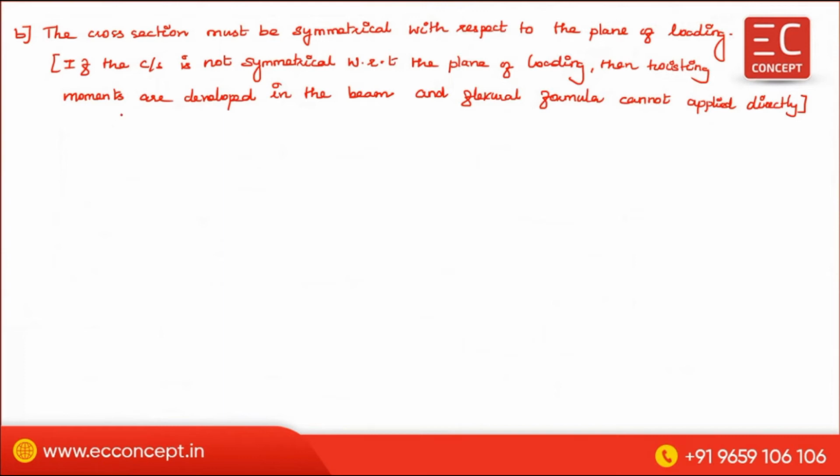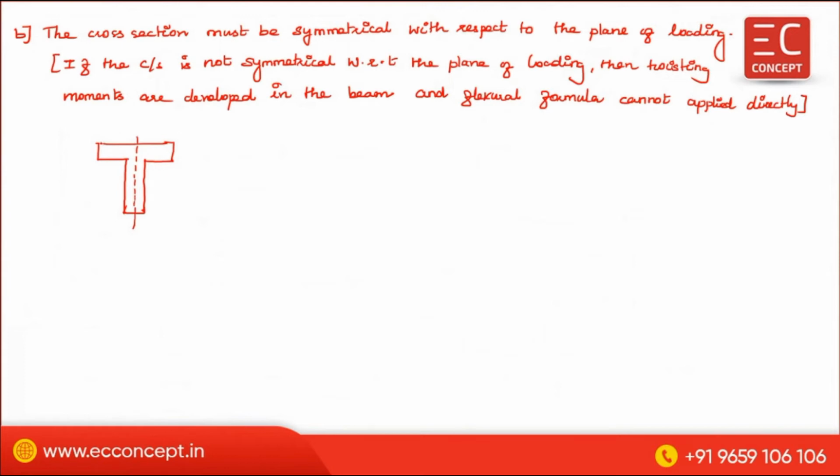Okay, meaning if your section is, for example, a T section, this is the plane of symmetry. So here the cross section is symmetrical about the plane of loading. So this is symmetrical about the y-axis.